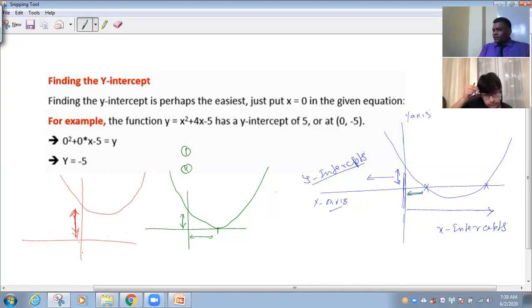There is no x-intercept because the graph doesn't cut the x-axis. So in the first case, we got 2 x-intercepts. In the second case, we got 1 x-intercept. In the third case, we got 0 x-intercepts. But make a note that in all the cases, the y-intercept is only 1.